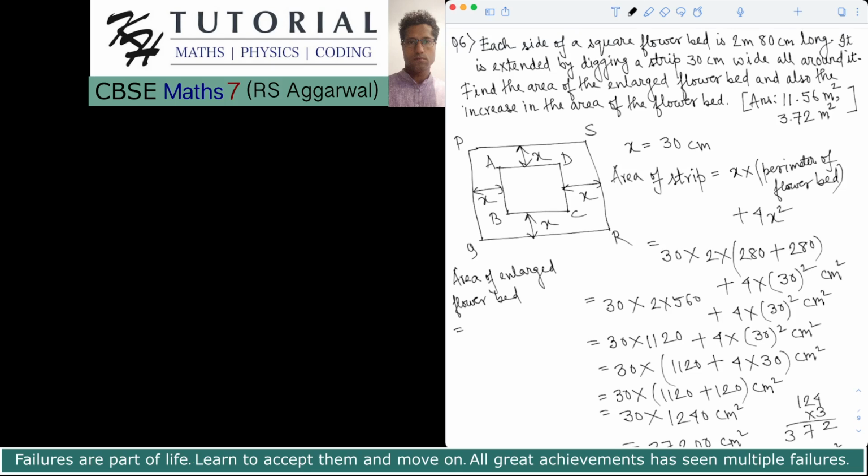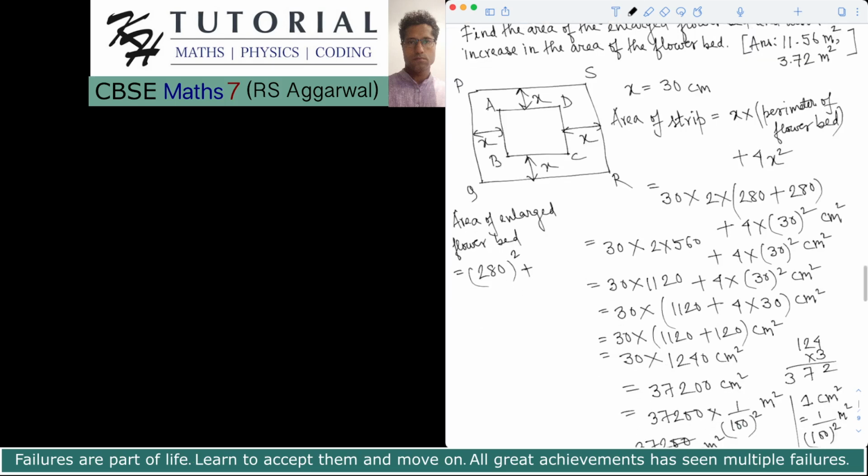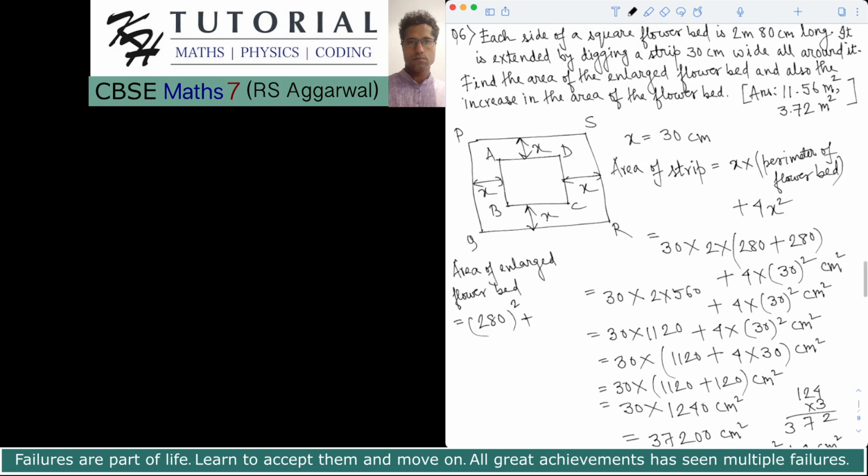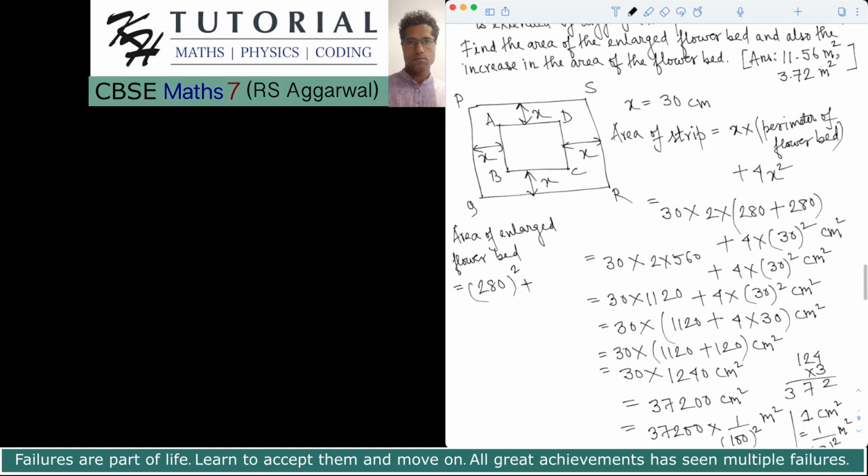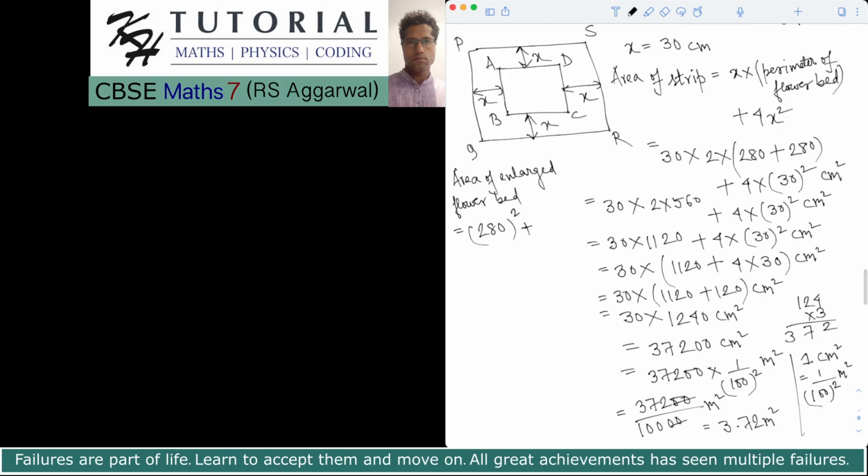Since it is a square, it will be side square. So it is 280 square plus 3.72. 280 square is the area of the square flower bed initially, and we will add to this area the area of the strip, that is 3.72. So this much meter square will be the area of the enlarged flower bed.